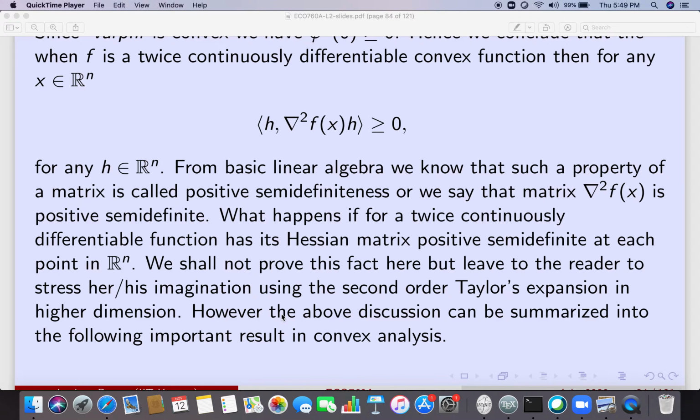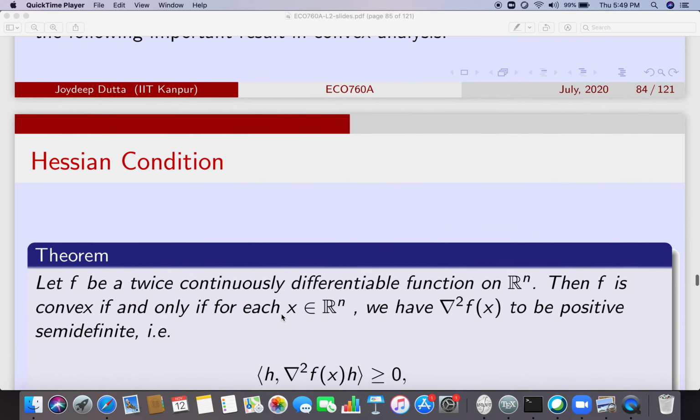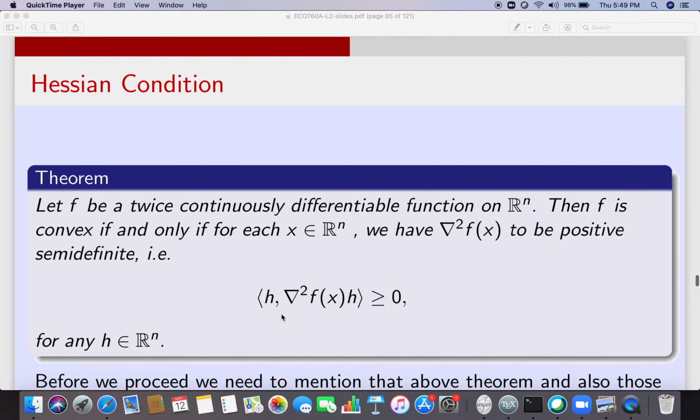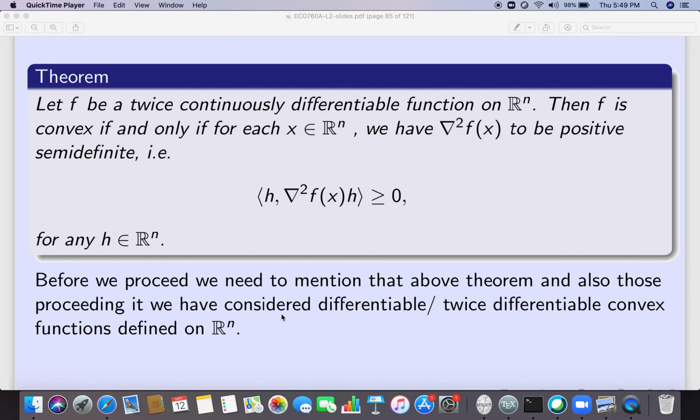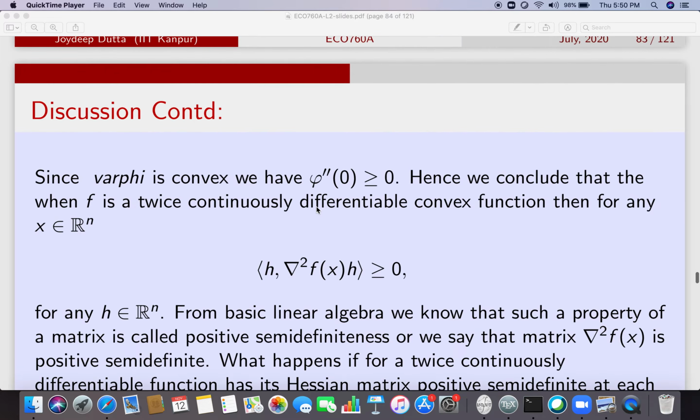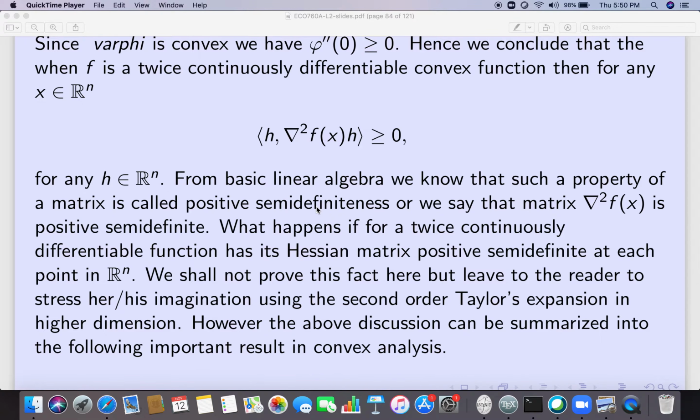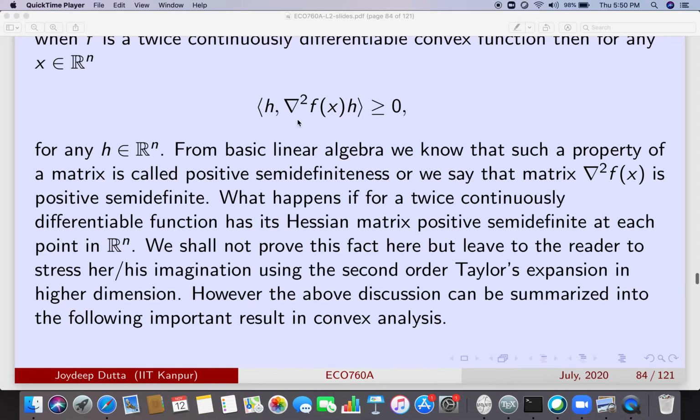I would not like to go into much detail here. And we can go back also, right? So this is the result: if f is twice continuously differentiable, then f is convex if and only if the Hessian is positive semi-definite. Now you can ask, what about going back?